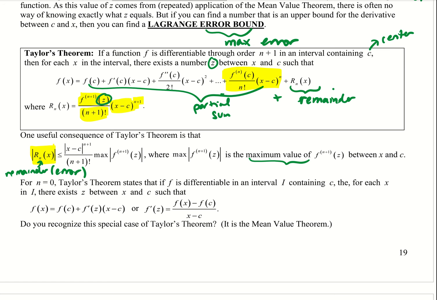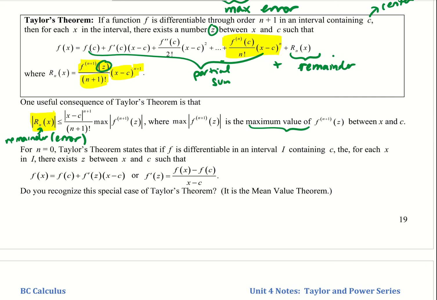If we look at that first term where n is 0, this ends up being our tangent line approximation, which is interesting. If we take this tangent line approximation and subtract f of c from both sides, this is like our y, which is another way to say f of x, equal to our derivative or our slope times x minus h plus k.